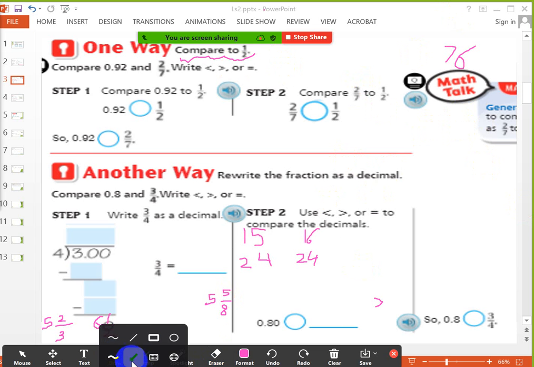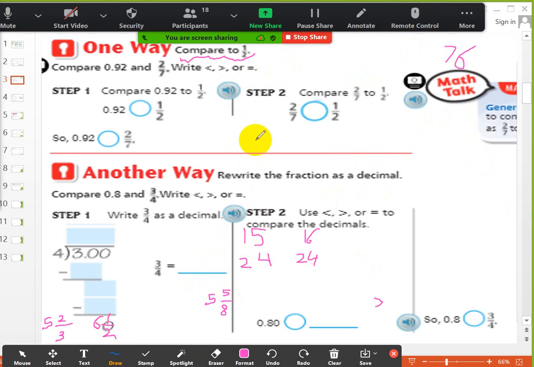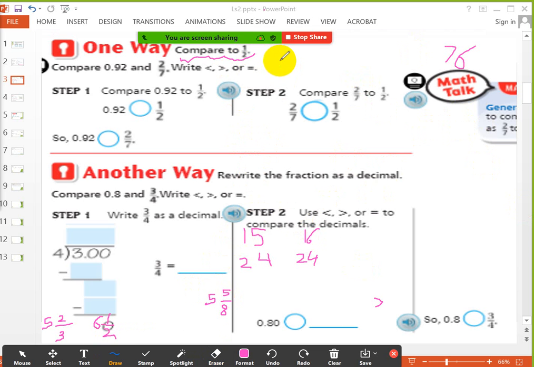You know that 1 over 2 is a half, right? Half. And what is the value of this number as a decimal? Who will tell me the decimal number for 1 over 2?